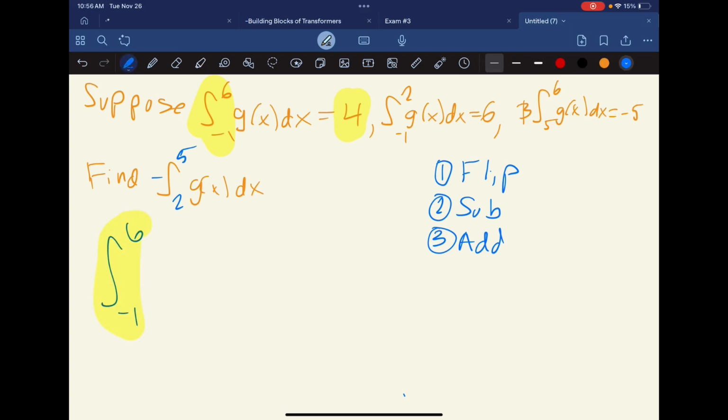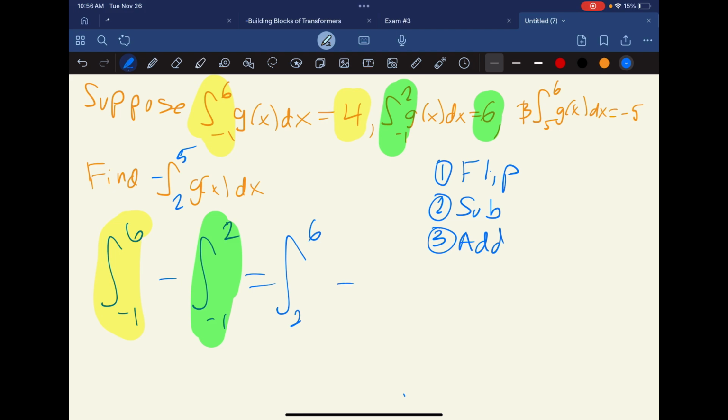If we have negative 1 to 6 and we subtract from it negative 1 to 2, that's going to leave us with 2 to 6. And then if we subtract from that 5 to 6, we're going to be left with 2 to 5. And that 5 to 6 will come from here.